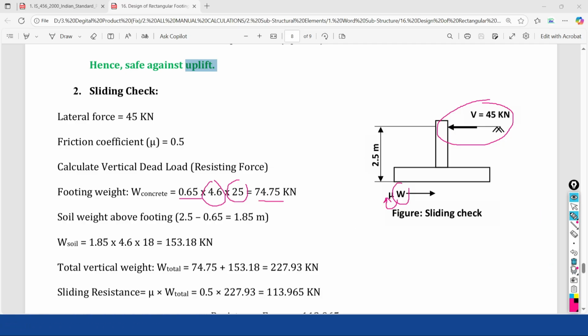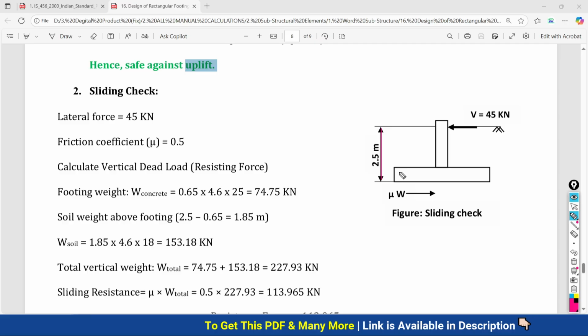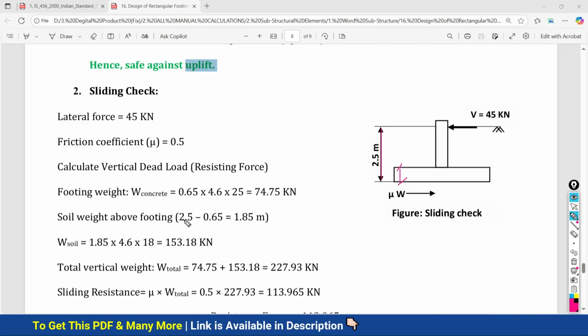Soil weight above the footing. At this time we don't need to consider up to the water level. Water level consideration is only for the uplift check. Here we have to consider only this height, 2.5 meter, and subtract the depth of the footing. So 2.5 minus the depth of the footing, finally we have 1.85 meter.